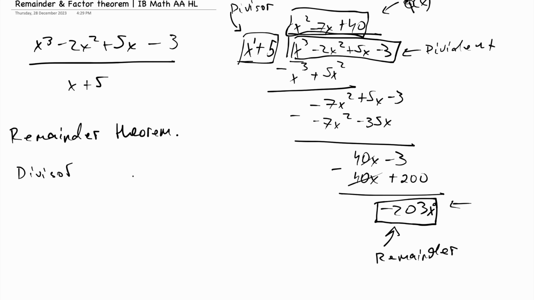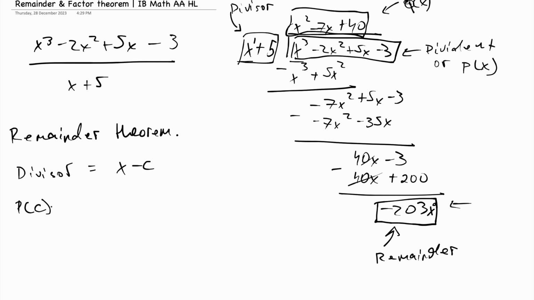Okay? So if our divisor is, let's say, x minus c, then our polynomial, let's just write p of x, because this is a function, right?